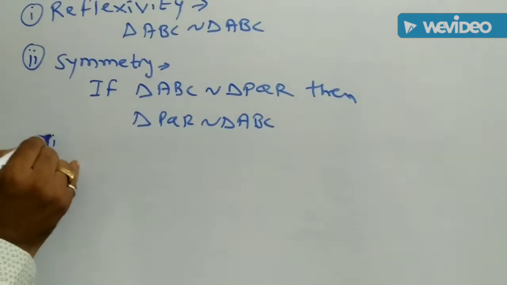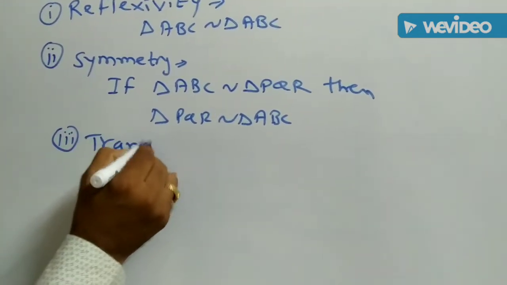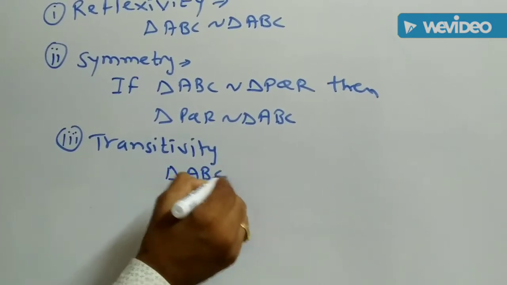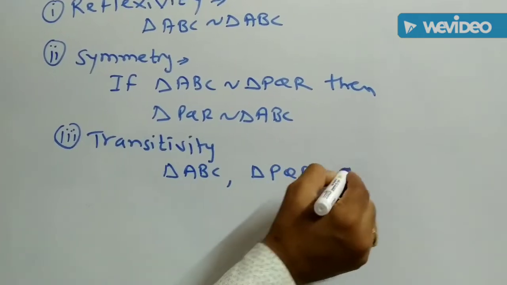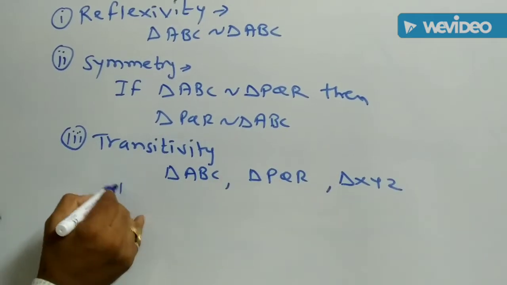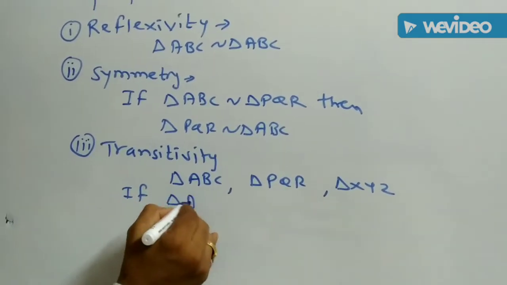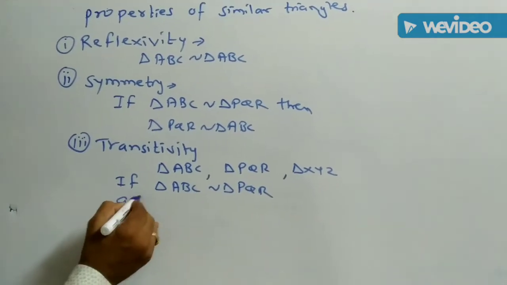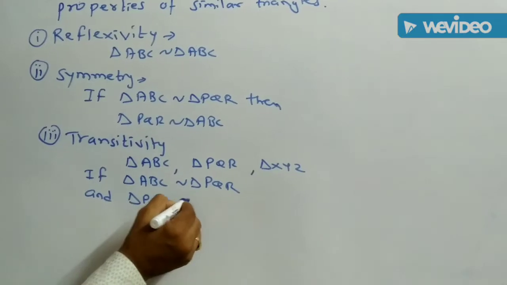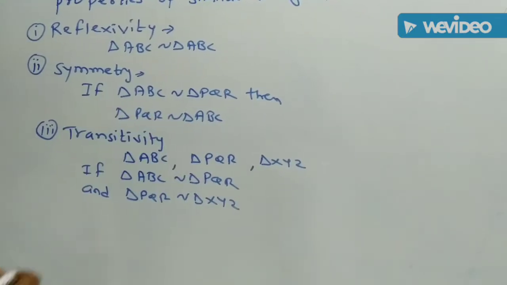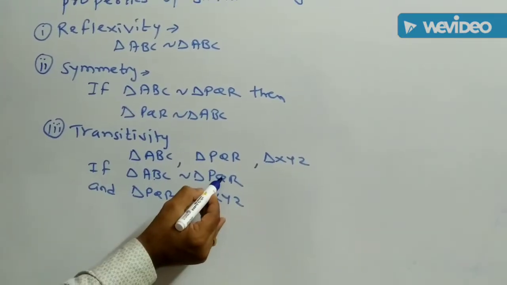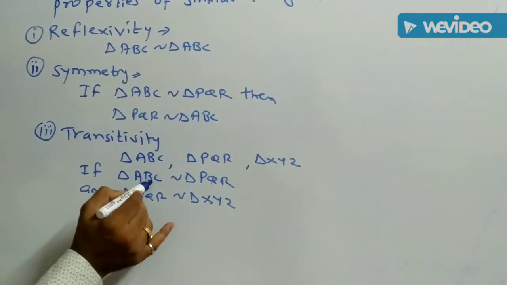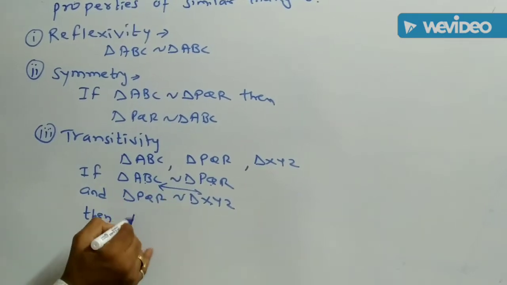Then third and last is transitivity. It is for three triangles. Suppose we take three triangles ABC, PQR and XYZ. If the first triangle is similar to the second and the second is similar to the third, then the first triangle is also similar to the third.